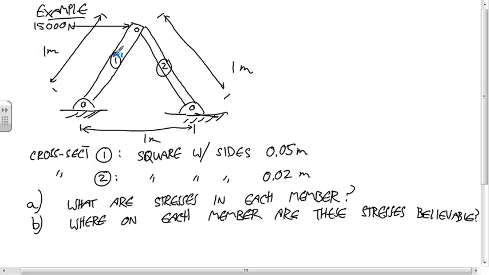So the fact that I made this a simple truss with no weights means that each of these two members is going to be loaded in tension or compression at the two pins. And that means we can use the calculations that we just did. We're going to need new ways to calculate stresses for beams that have other internal loads besides tension and compression.